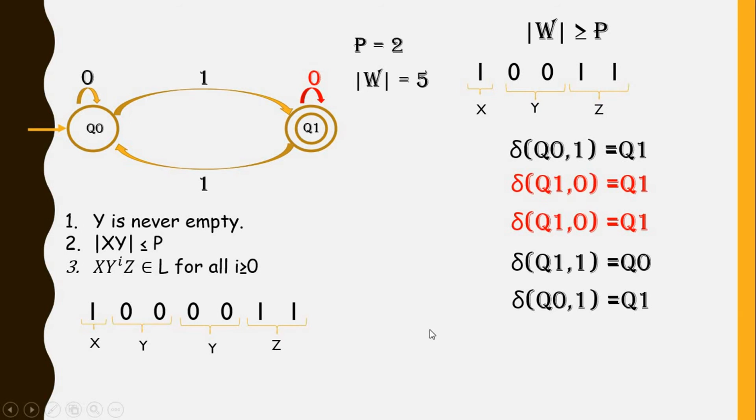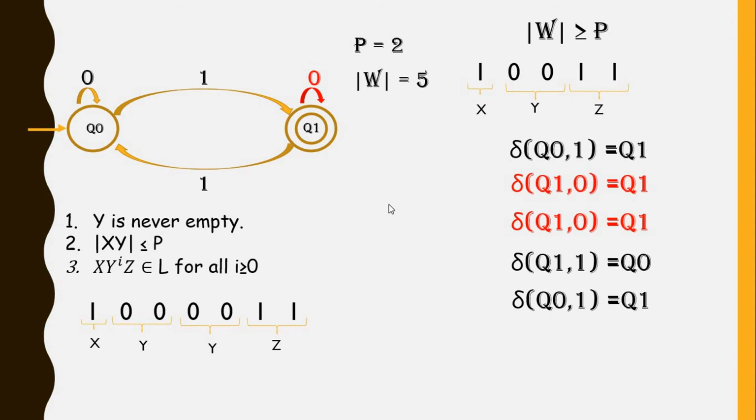And just for the record, we can also pump down and get the same result, okay? Now, pay attention to this. In this particular example, what will happen if the Y part involves more than one state? Because now, the Y part only involves Q1, right? We're just hitting Q1 here twice in the Y part.